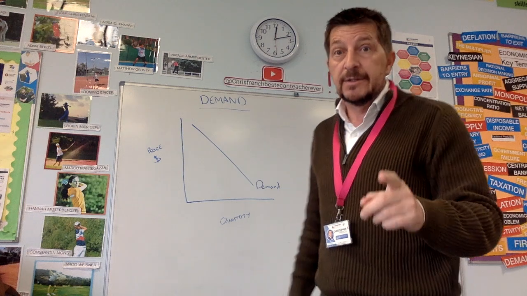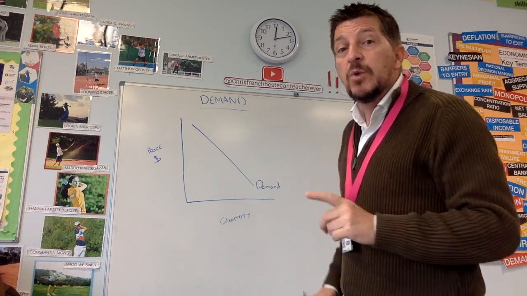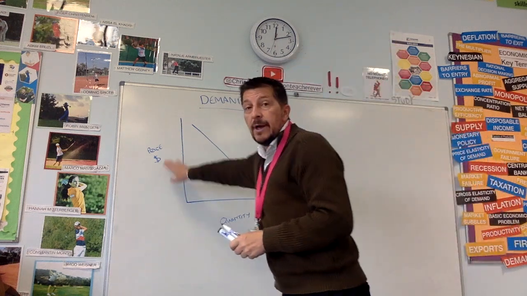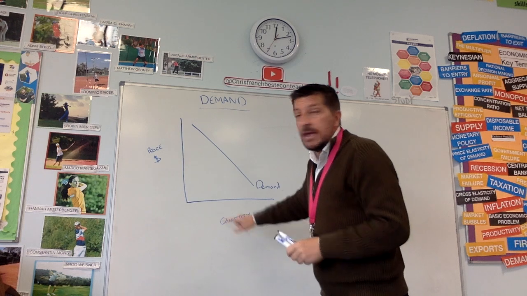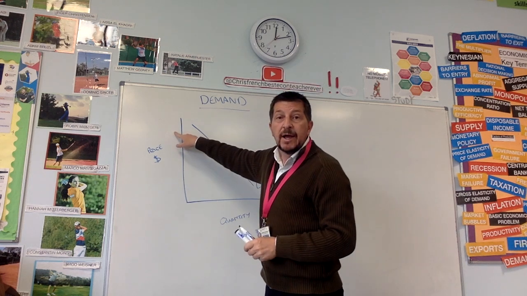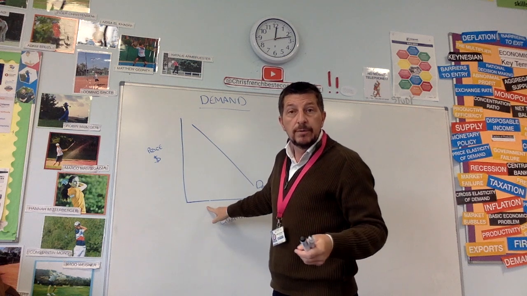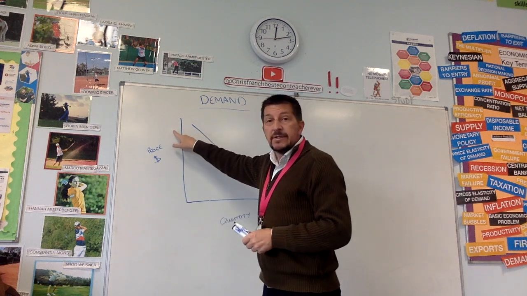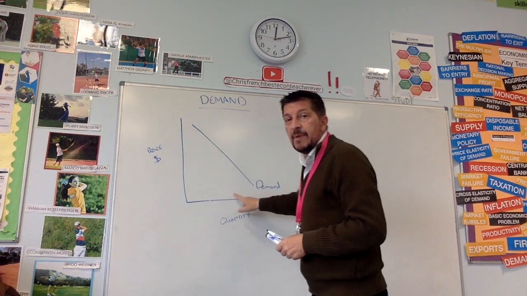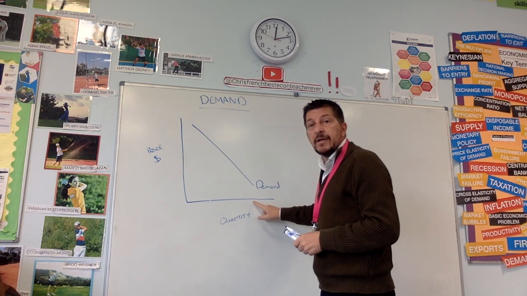The second thing is this: look at the relationship between price and quantity. If the price is relatively high, then the quantity demanded is relatively low. If the price is low, then the quantity demanded is relatively high.